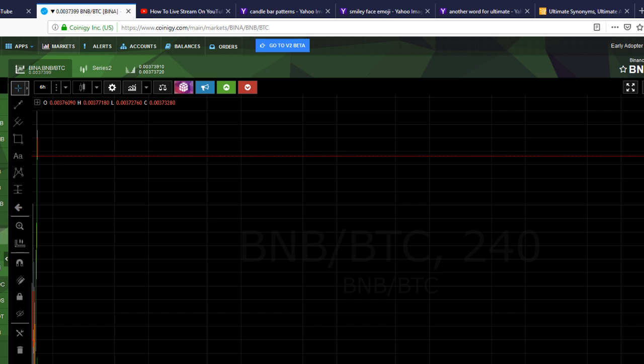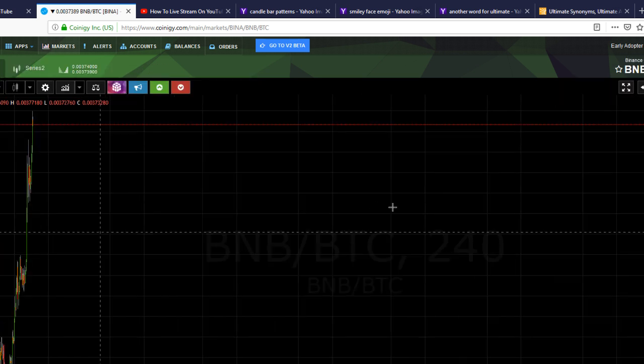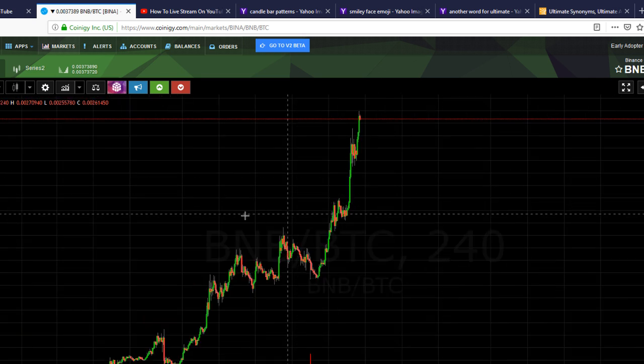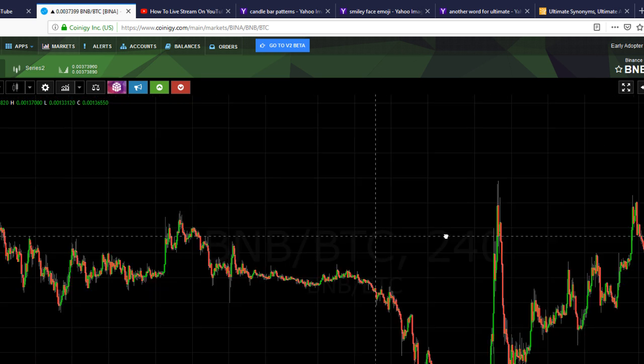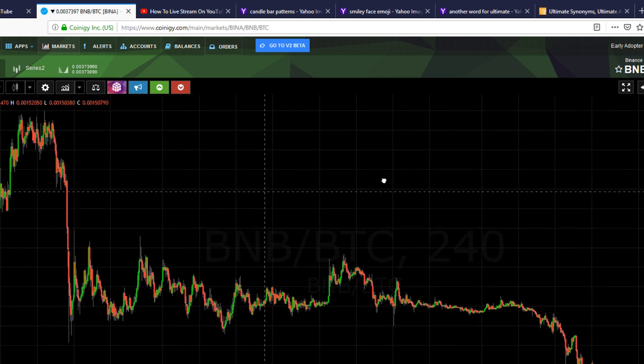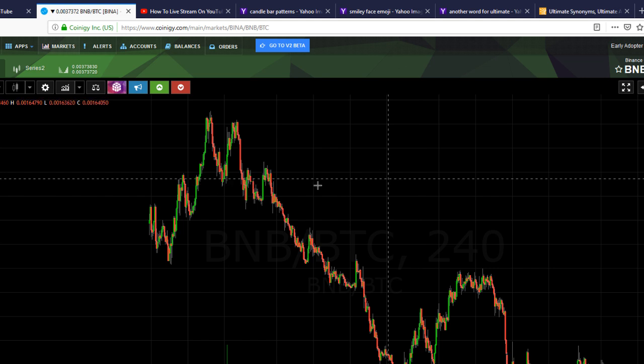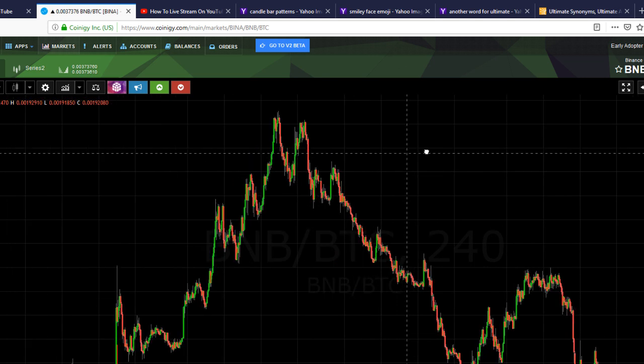This is the Binance coin. So we're looking at a live chart now. This is the Binance chart.